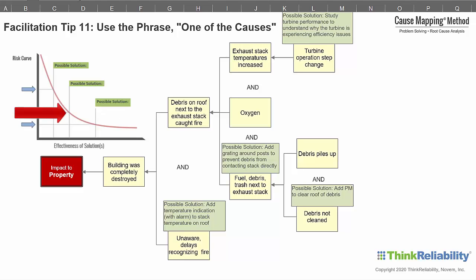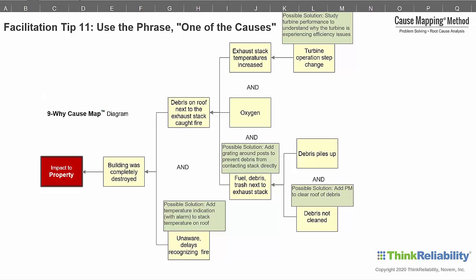So if we focus on two of these, our risk is going to be X. We want to continue to implement solutions. We're going to put ourselves in a lower position on that risk curve. Knowing we can't eliminate risk, we're going to get it to an acceptable level. So again, you're not having to identify a solution on every single cause, but understanding the layers of protection and where you want to be on that risk curve.